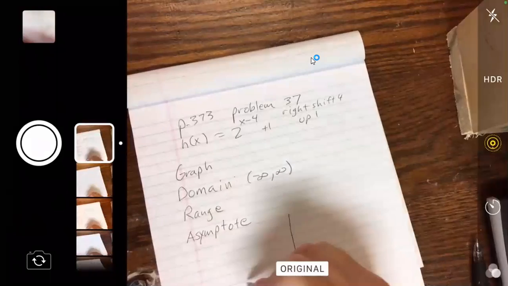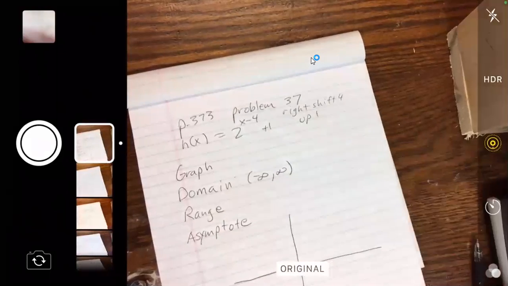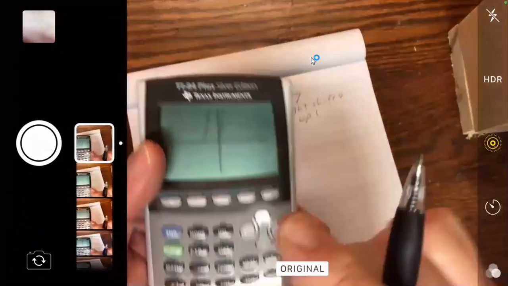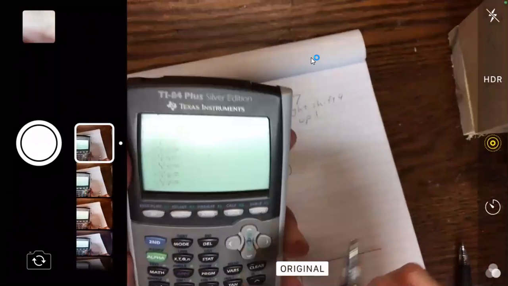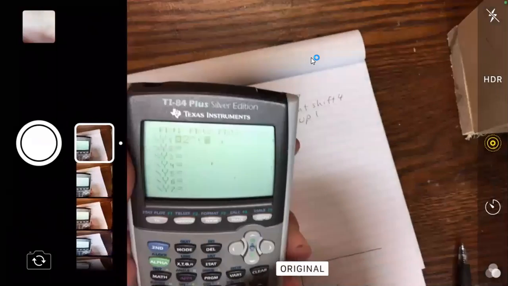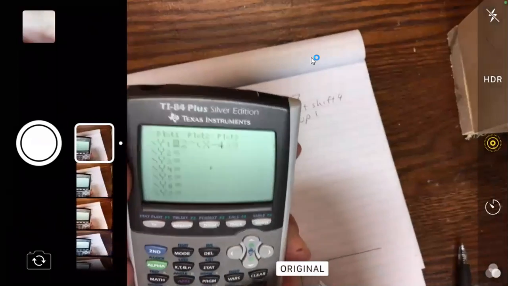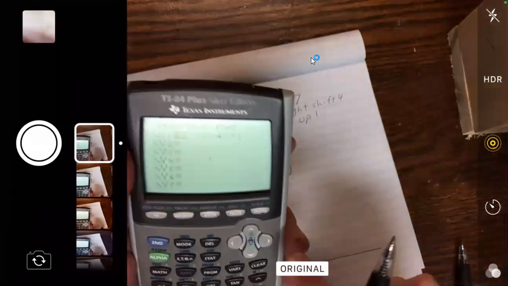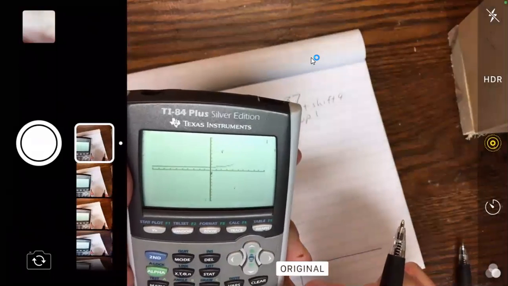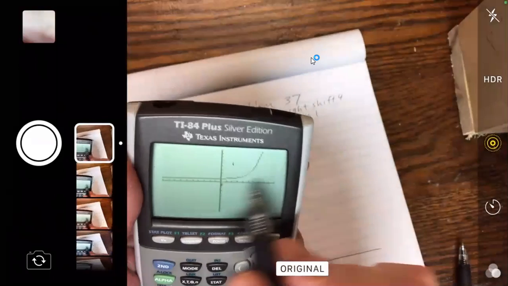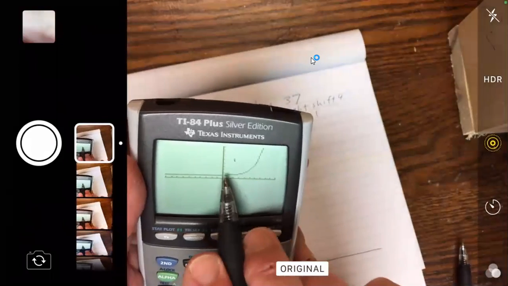I'll do the graph down here. Clear. Parentheses, x minus 4, and then add 1. All right, so it doesn't break up really until it's right 4. 2 to the x would go right through.